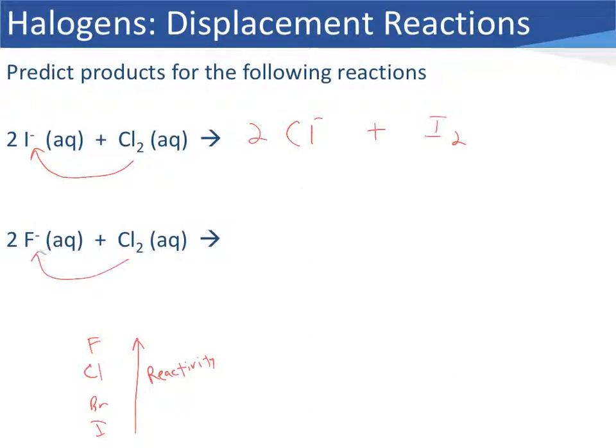But chlorine cannot replace fluoride because fluorine is more reactive. So this is no reaction. The more reactive element ends up or stays in ionic form. So chlorine cannot replace fluoride, but chlorine can replace iodide.